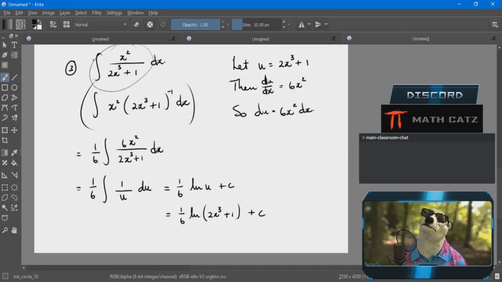So sometimes the choice for my substitution is hidden. What is the inside function? But let's just suppose you didn't know. I don't have a reverse quotient rule. There isn't much I can do here because the denominator has multiple terms.